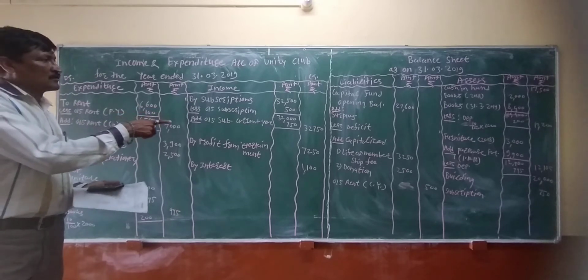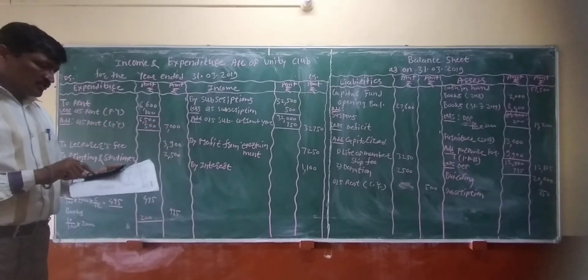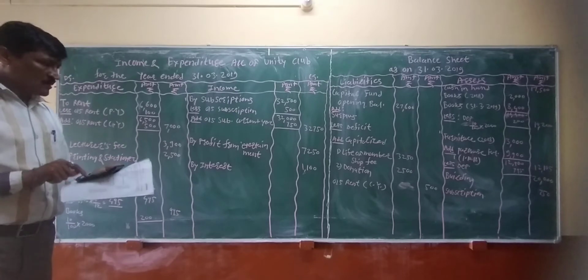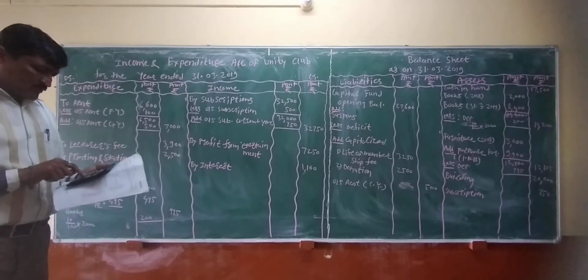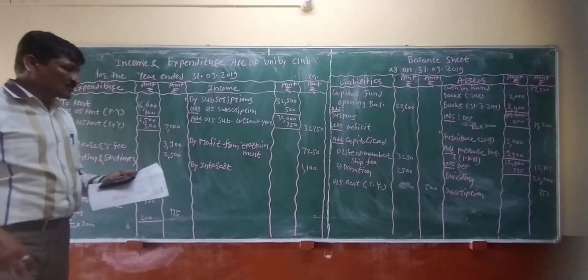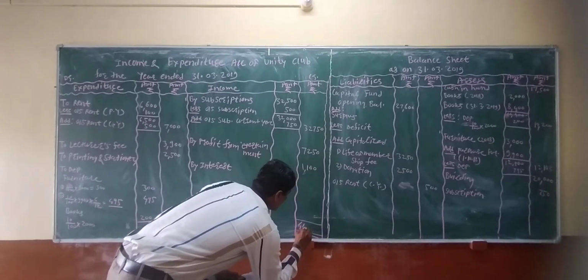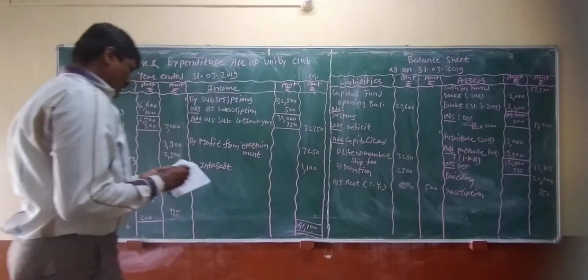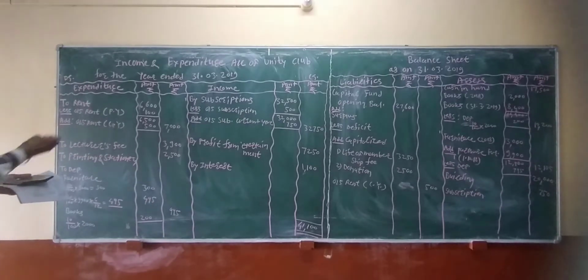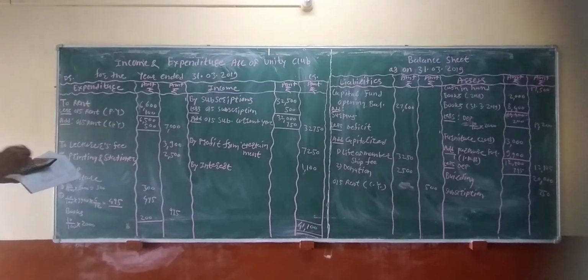First find out the credit side: 32,750 plus 7,250 plus 1,100. The total is 41,100. Next, find out the expenditure side: 7,000 plus 3,900 plus 2,500 plus 995.